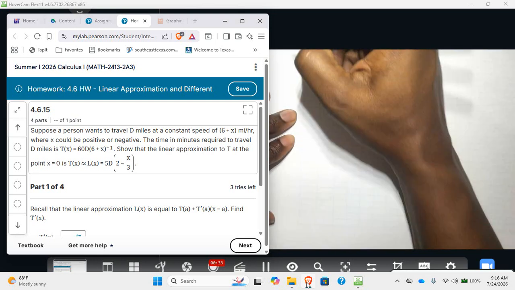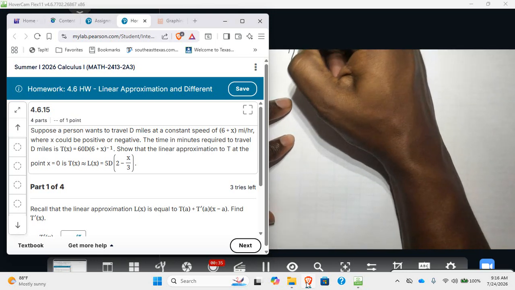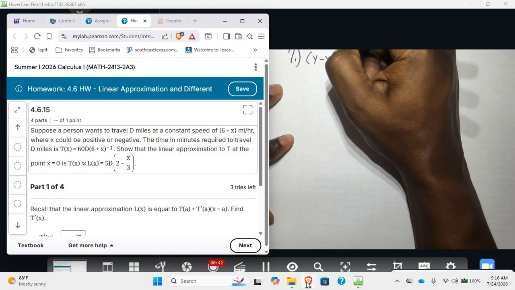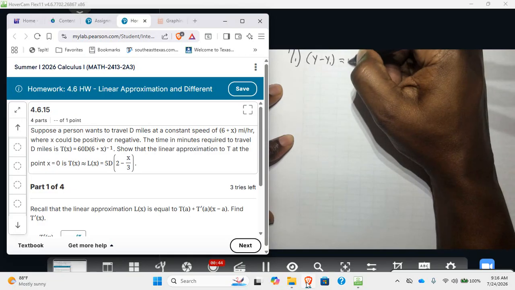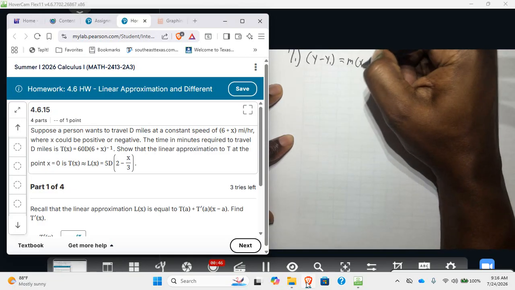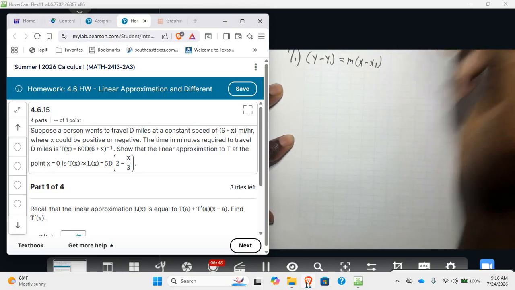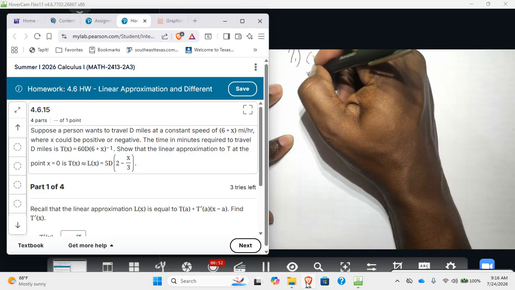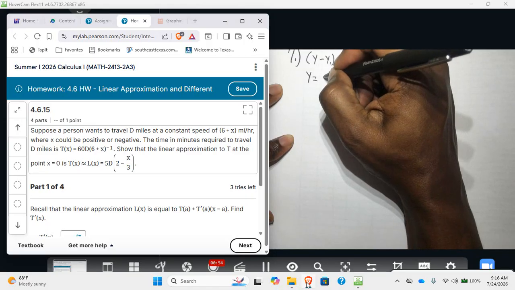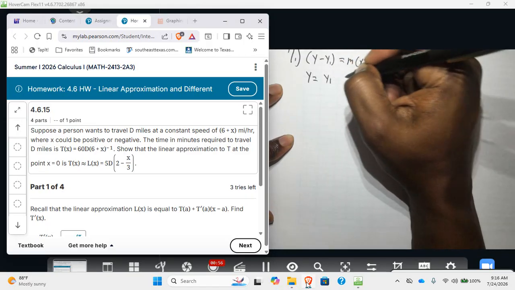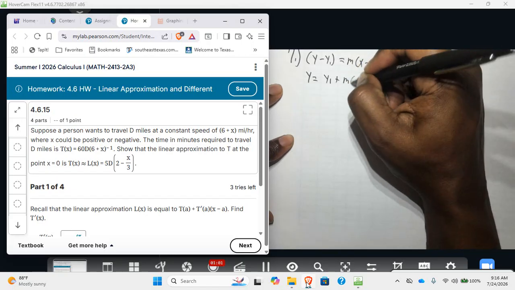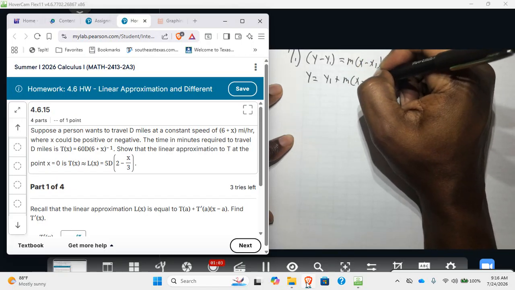So let me make a connection really quick. When we're doing linear approximation, it's pretty much the same as the point slope formula that we're used to from algebra. If we add this y value over, we'll have y equals y1, and then it'll be plus m times x minus x1.